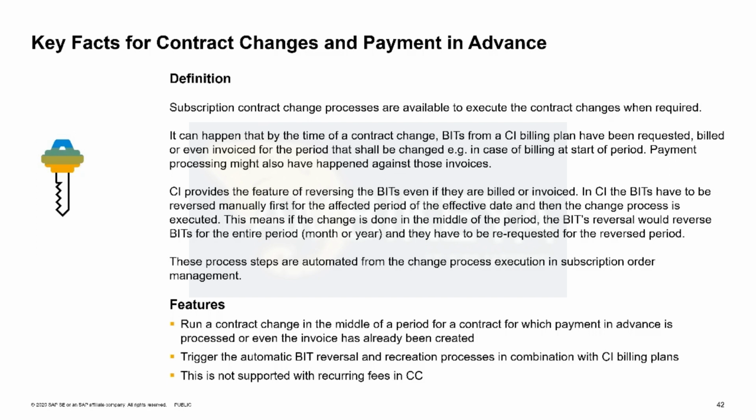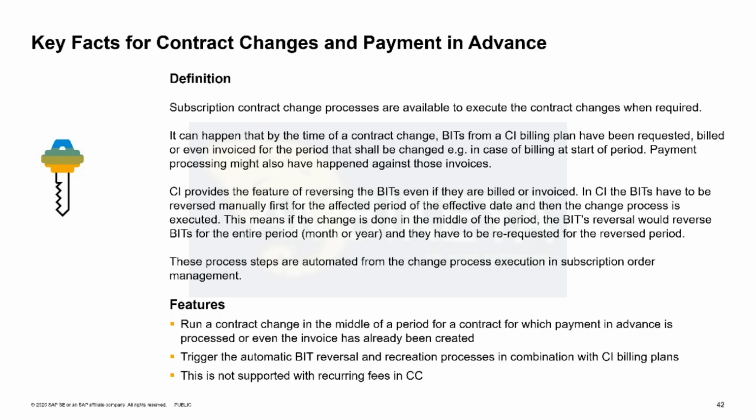And then you want to run a change. Then your system will tell you, sorry, there's already a bid existing, please reverse your bid. And only then you can execute your change process.